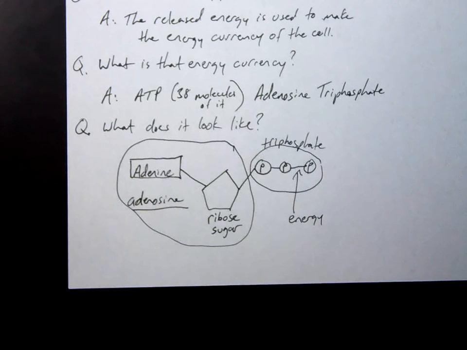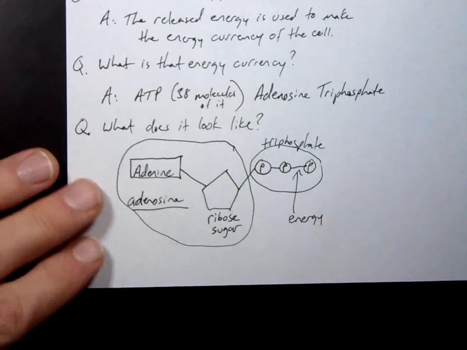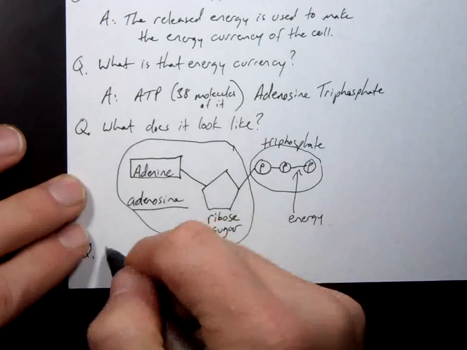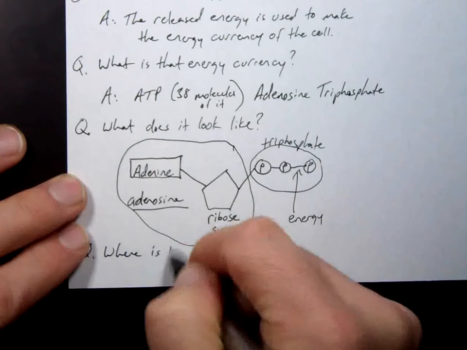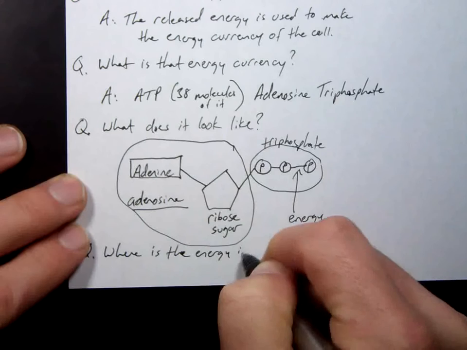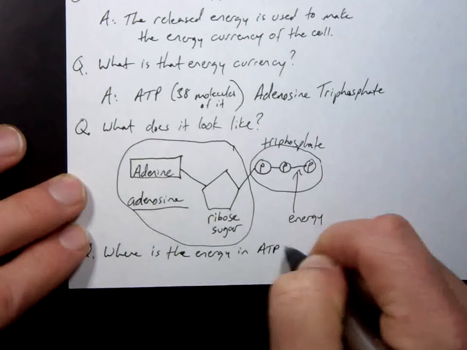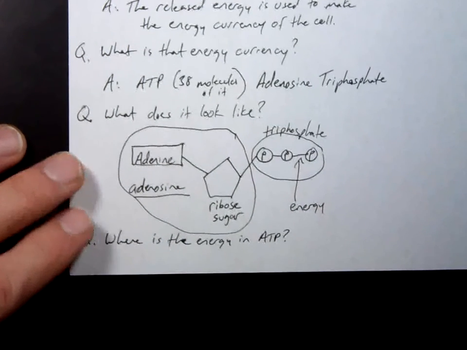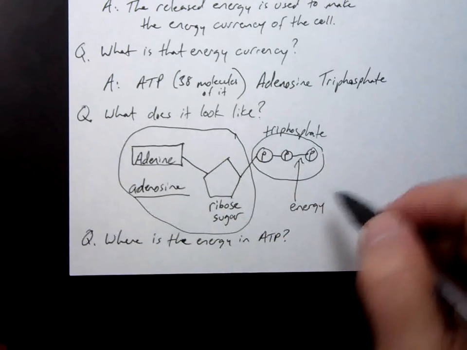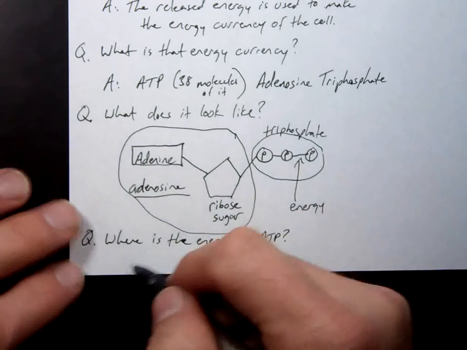So that'll be the answer to the next question. Where is the energy in ATP? I just drew a line pointing to it in an arrow, but what's the answer to that?